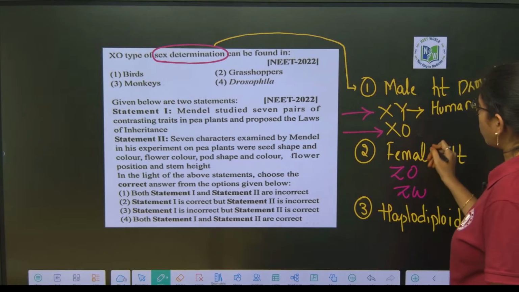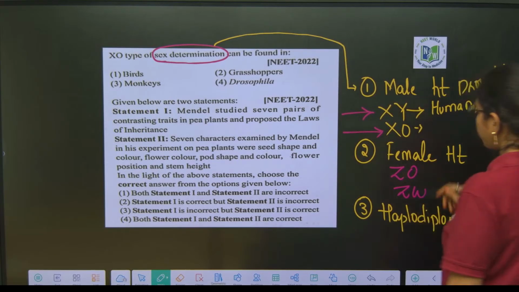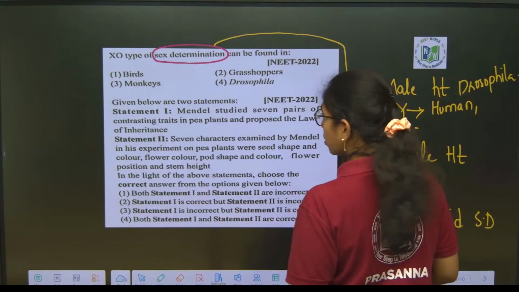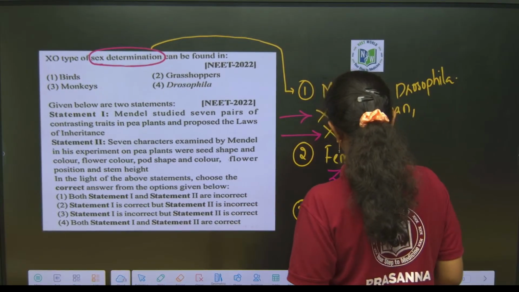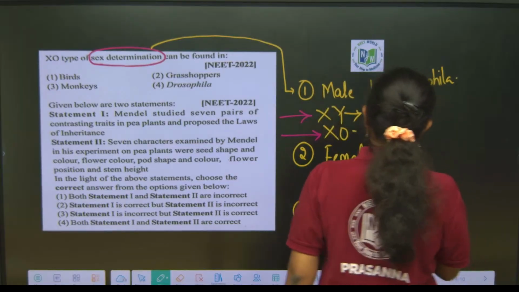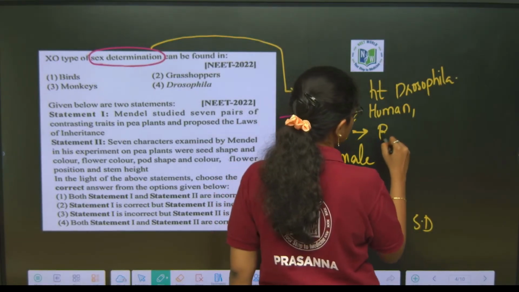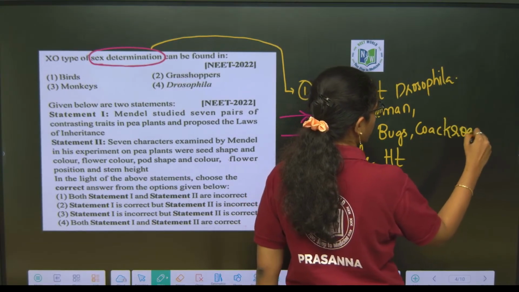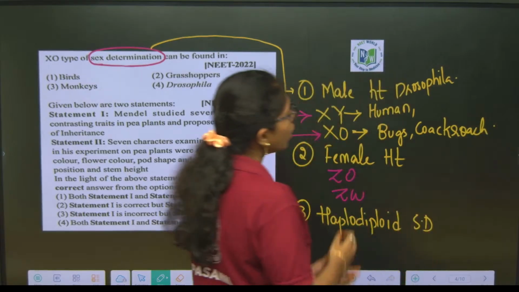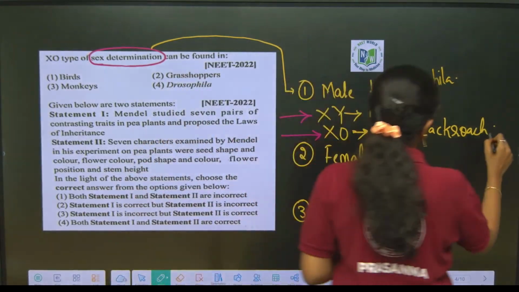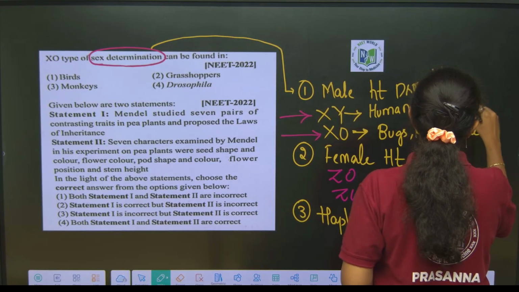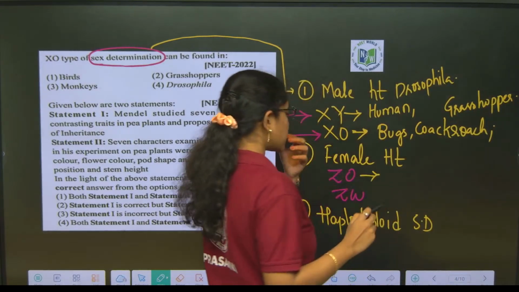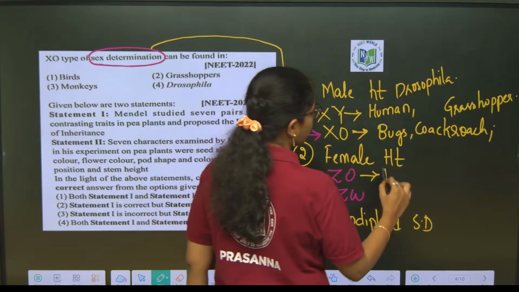XO, only one X chromosome, that type of sex determination you can observe in bugs, cockroach, and grasshopper. ZO type of sex determination is observed in butterflies and moths.